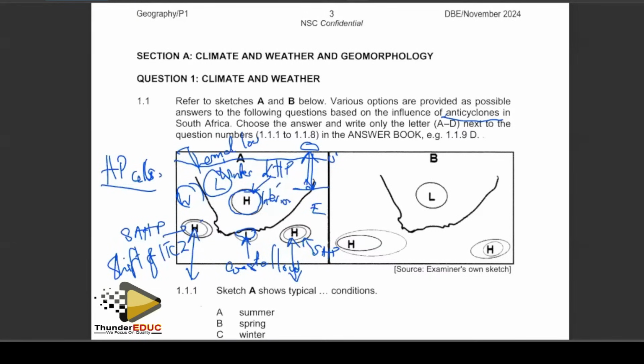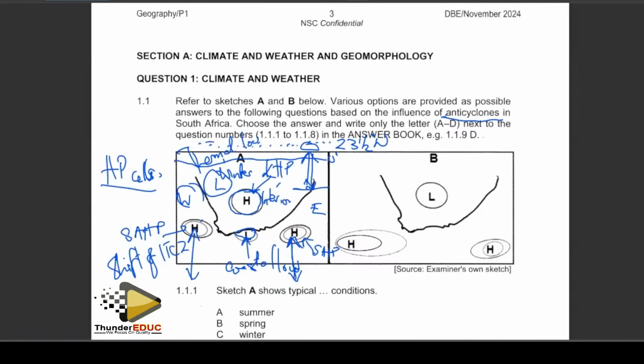If it's winter in the southern hemisphere, it means our ITCZ is somewhere along the Tropic of Cancer in the northern hemisphere. The sun is overhead somewhere here at around 23.5 degrees to the north. These cells, because the intense heating has gone further north, will also tend to move further to the north.